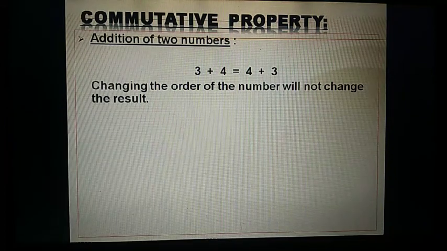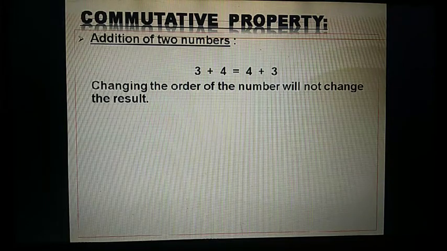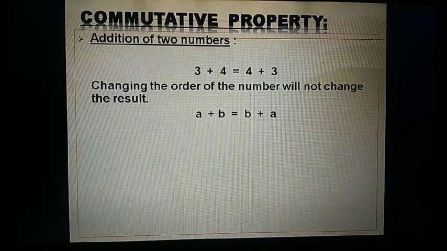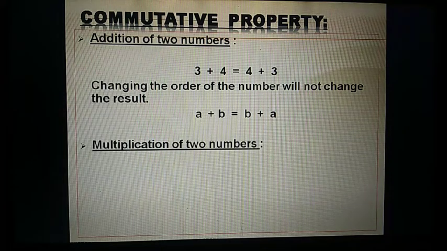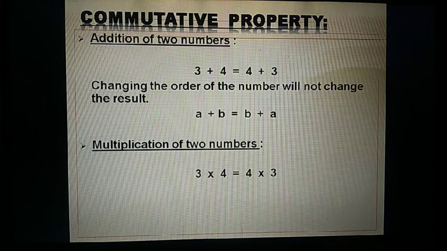Let's suppose as there are two numbers, we will use two variables, A and B. You will get A plus B equals B plus A. Similarly, for the commutative property for multiplication of two numbers, here you can see we are multiplying 3 and 4 and next 4 and 3.